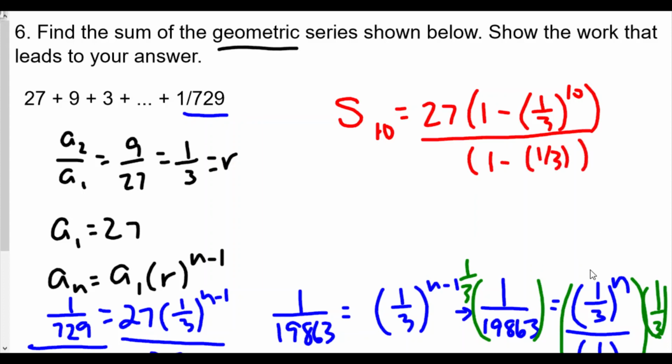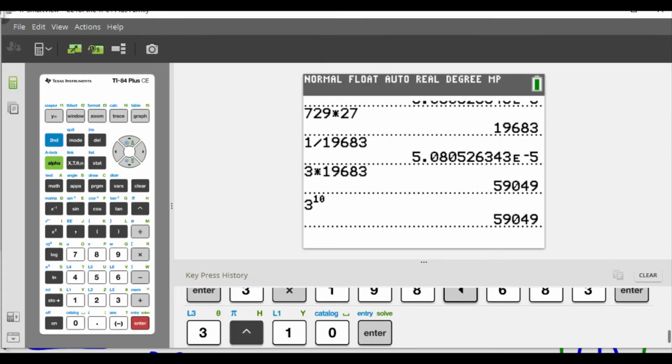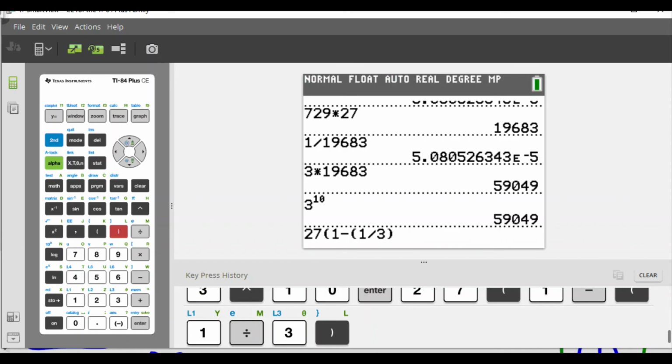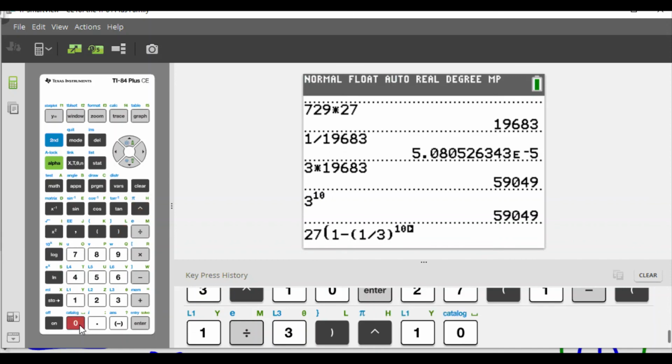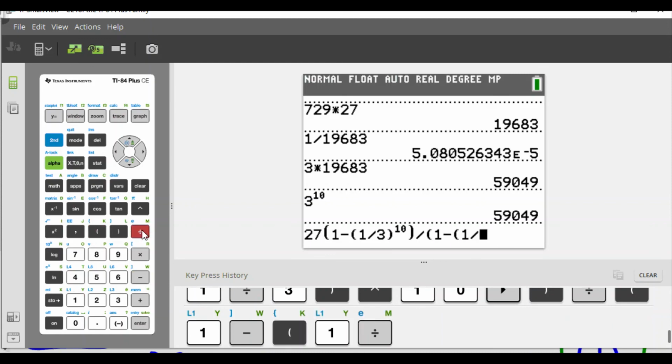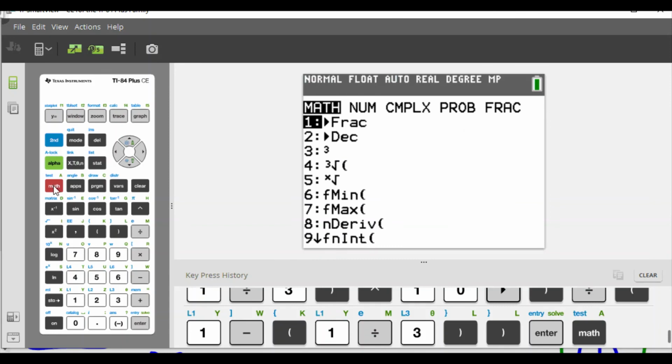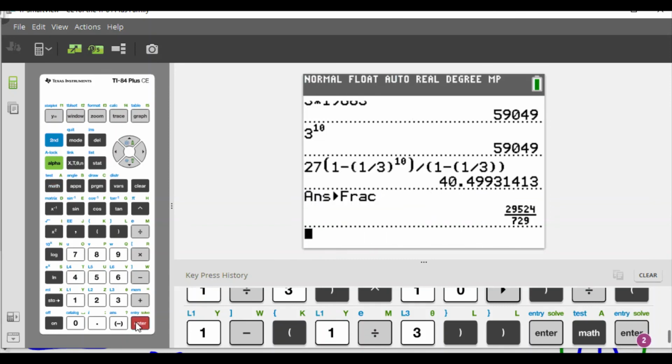And so enters our calculator: 27 times open parenthesis, 1 minus (1 divided by 3) raised to the 10th power, close parenthesis, divide by open parenthesis, 1 minus (1 divided by 3), close parenthesis. And we get 40.499. Okay, so let's hit math, enter, enter, and we get 29,524 over 729. Such a crazy number.